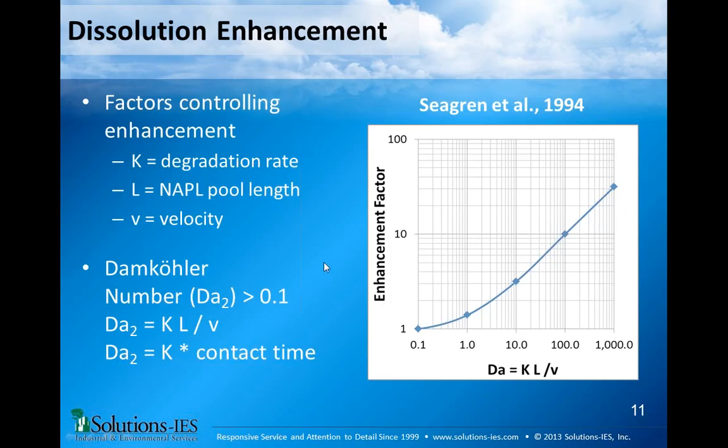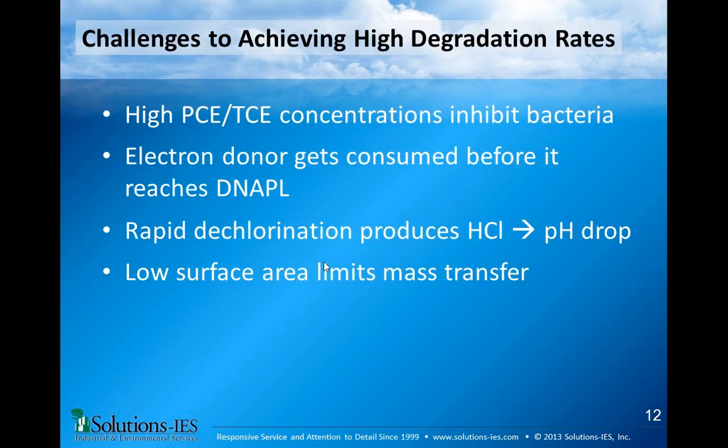It's the degradation rate K times the contact length, the length of that NAPL zone, divided by the velocity. Length divided by velocity is contact time. So you need a degradation rate times contact time greater than 0.1.